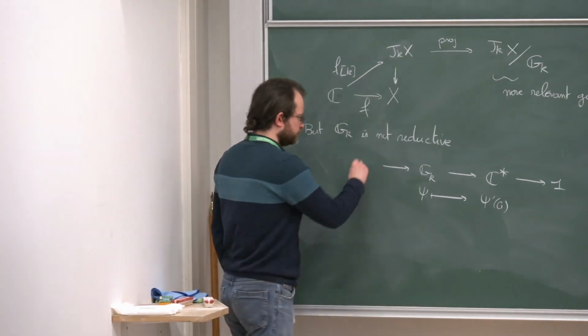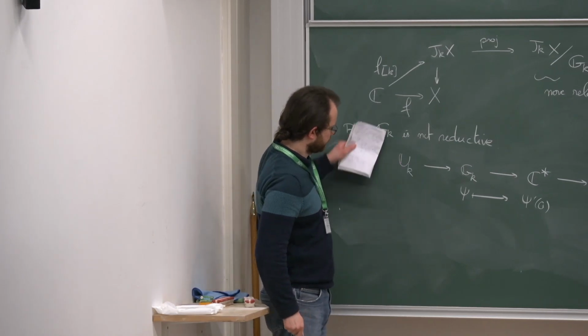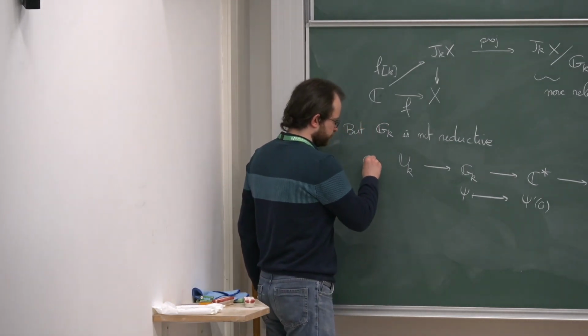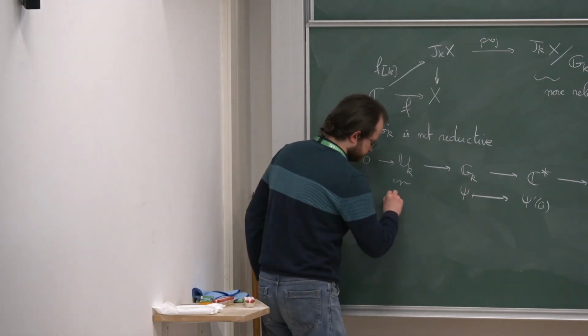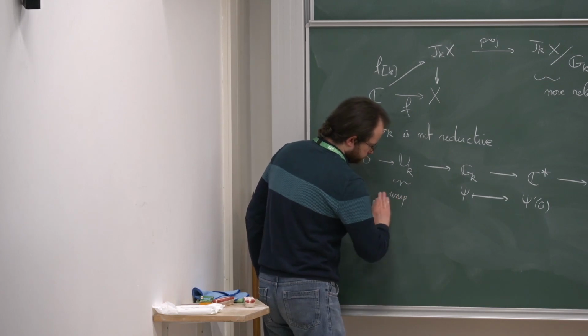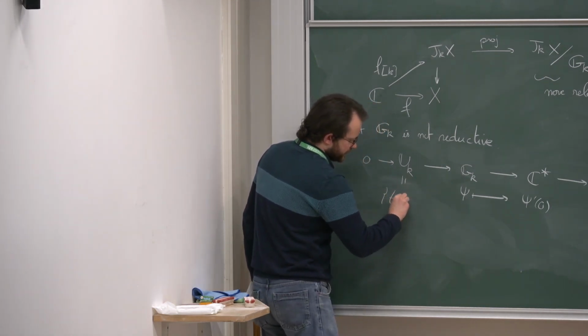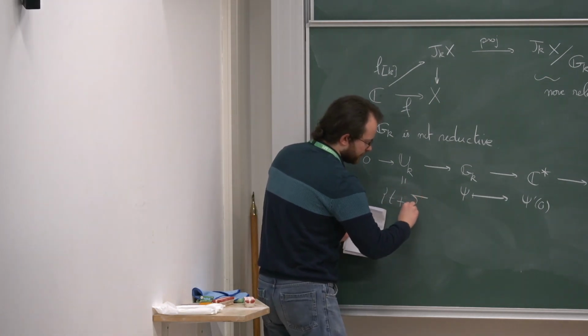And you have a kernel, which in these lectures I will write as a bold U_k, which is the unipotent radical of G_k. It's the set of Taylor expansions that start with t, rather than alpha_1 t.